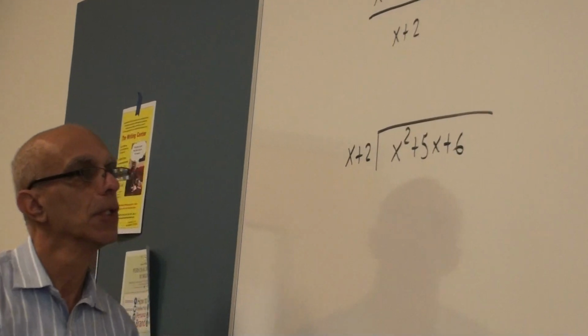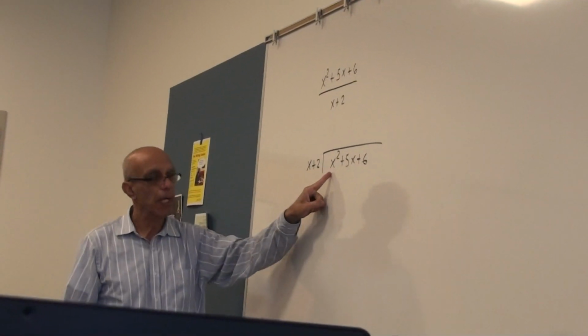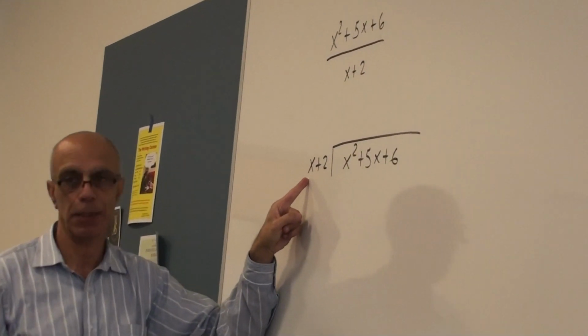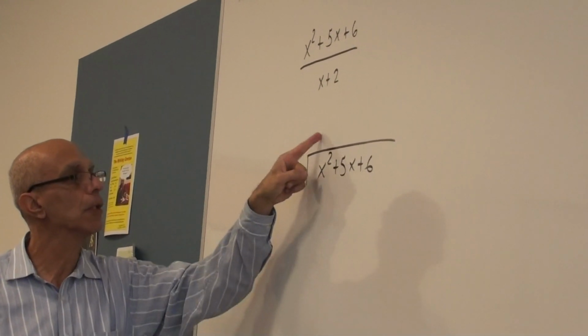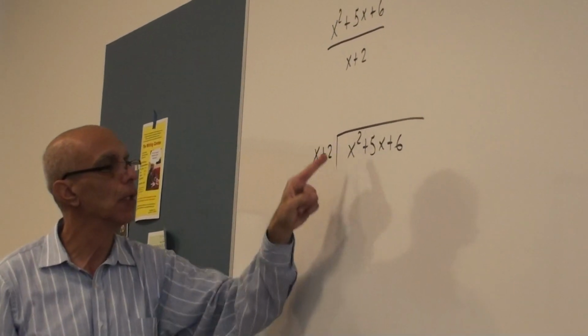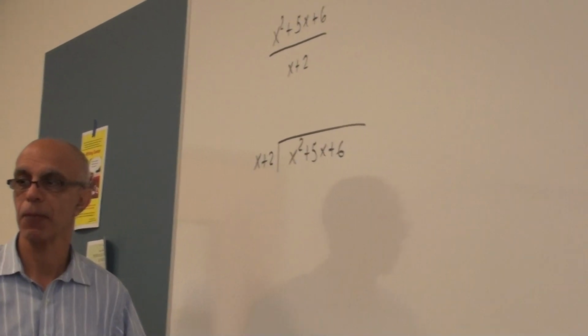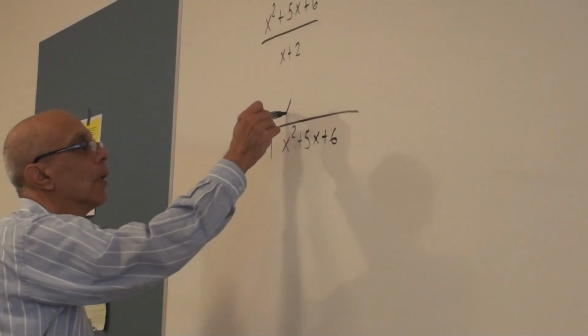All right. So here we have x squared. Here we have x only. So what is the term that I need to put here in order to get x squared? X. X, very good. All right.